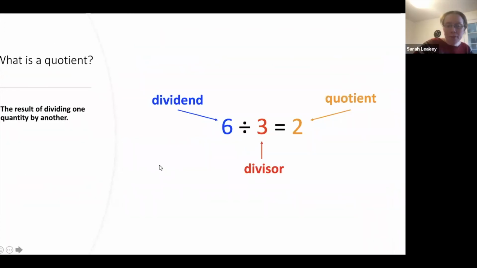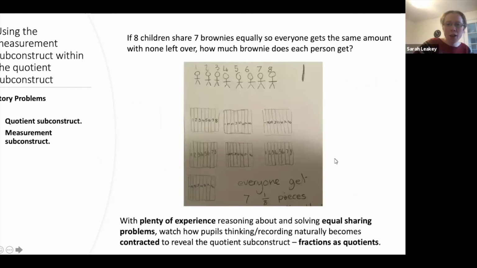So I'm going to finish off by revisiting this quotient subconstruct. Just as a reminder, the quotient is the result of dividing one quantity by another, and we're looking at some more of these equal sharing problems, as well as that interconnection between the measurement and the quotient subconstruct. And I emphasize plenty of experience here, with plenty of experience reasoning about and solving equal sharing problems, not strategies imposed upon them, but really careful discussion based on the work that they're producing.